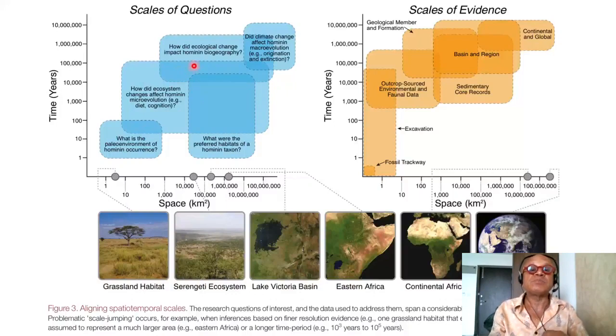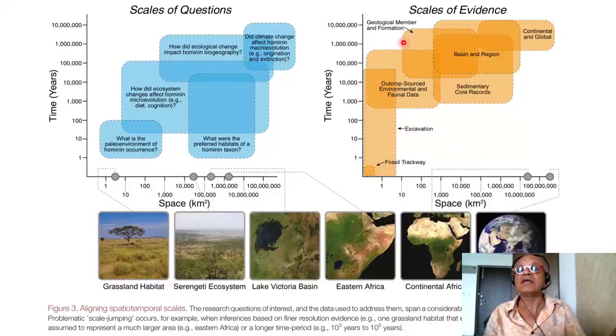How did ecological change impact hominin biogeography? Did climate change affect hominin microevolution, for example, origination and extinction? And scales of evidence can be fossil trackway, outcrop sourced environmental and faunal data. So when geologic processes produce outcrops that bring up old evidences of environmental vegetation, soils, whatever else, droughts, rainy regions, and so on, over different spatial scales and temporal scales.